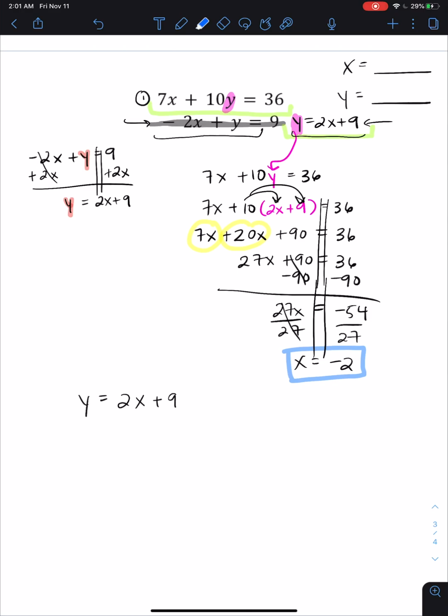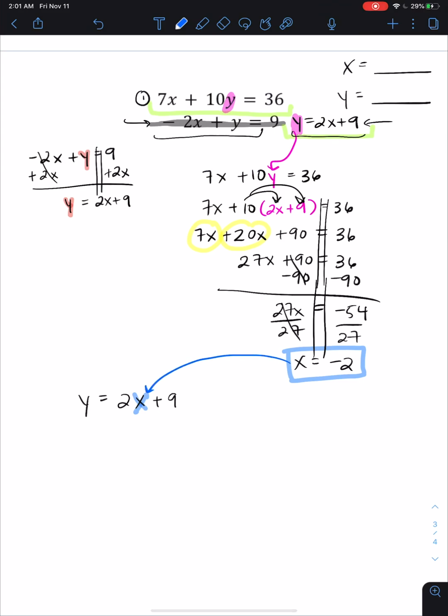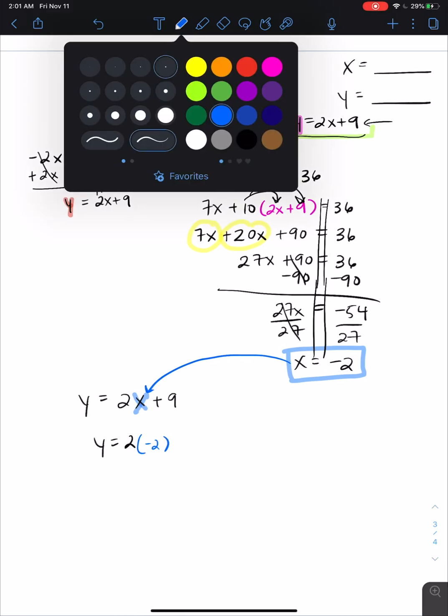So we can substitute in our value for x here. We see that x is equal to negative 2, and we substitute it in right here. We're left with y is equal to 2 times negative 2 plus 9.